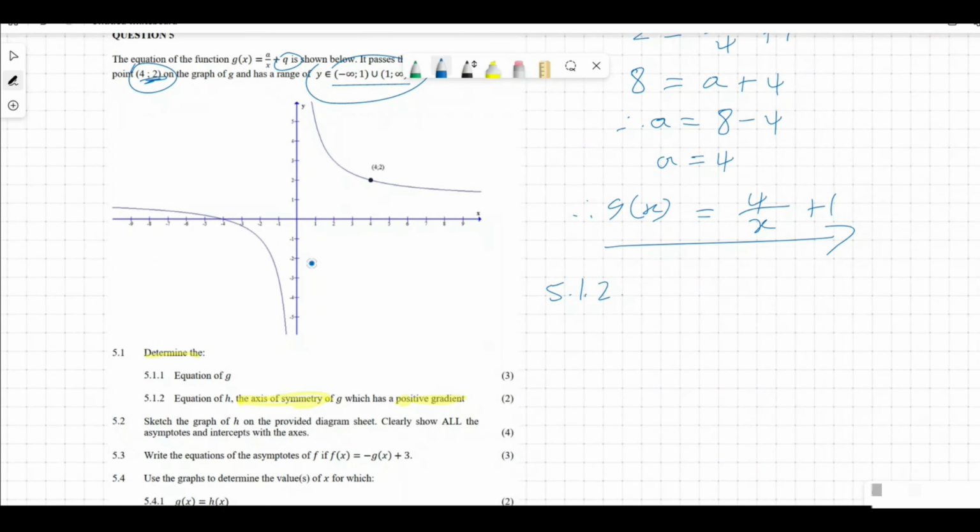What is the value of q in this diagram or in g of x? 1. Thank you. So this means that the equation of h which they are looking for, h of x, equals x plus 1, because q is 1.